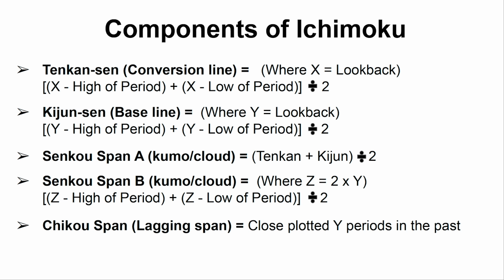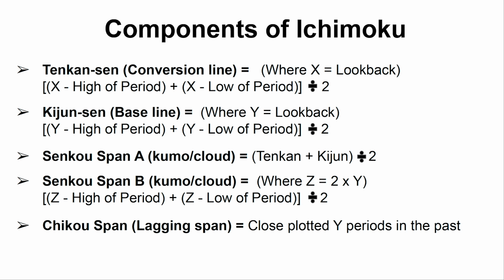The next component is the Kijun-sen, also known as the baseline. In my opinion, this is the single most important component of the entire system, and I'll explain why in just a bit. It is the second moving average, and it is calculated by the average of the high and low for the period being analyzed. This period is usually twice as long as the Tenkan-sen's look back.